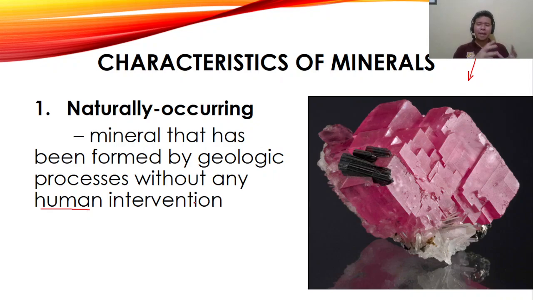They are not made by human beings, but they occur naturally in the environment. They just grow there. It has something to do with heat, pressure, temperature, causing them to form random crystalline structures. So that's the first characteristic of minerals.